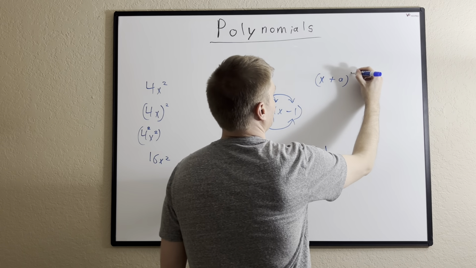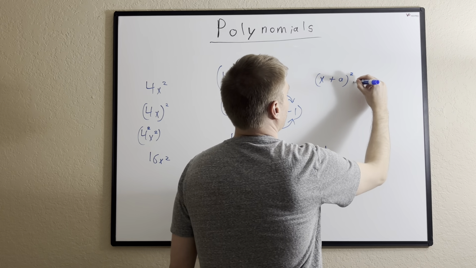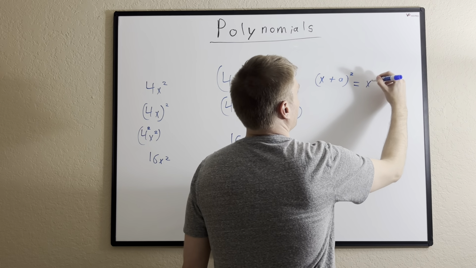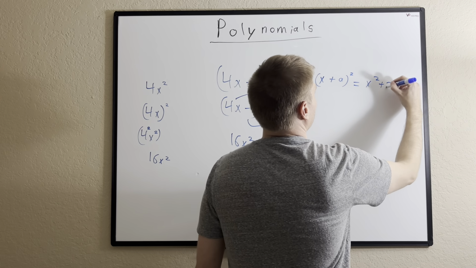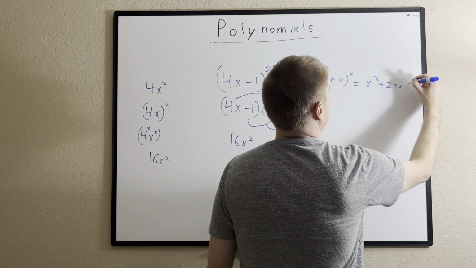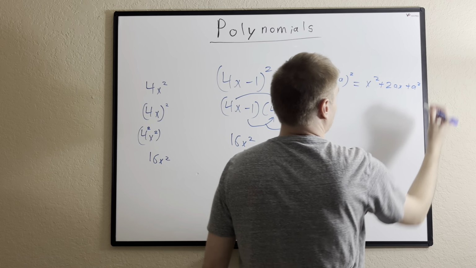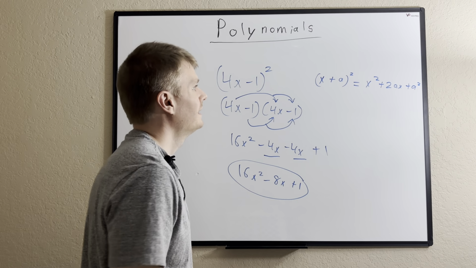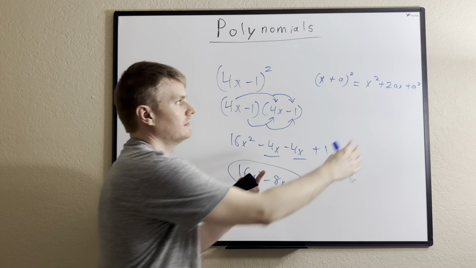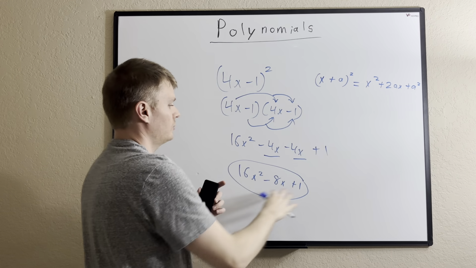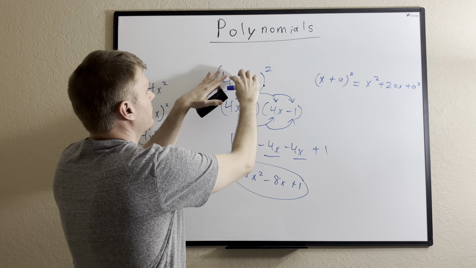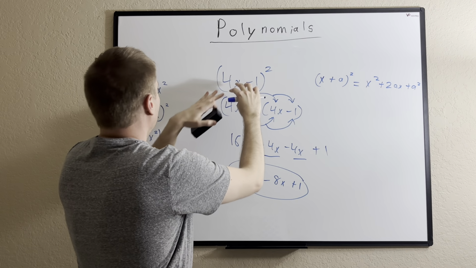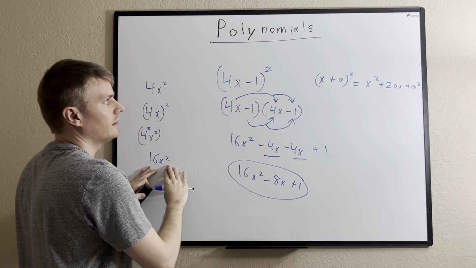They just say, well, if that is squared, then that's going to be x squared plus 2ax plus a squared. And you're like, what did you just say? That's just a formula they use to take a shortcut. They could just say, okay, this whole thing squared is 16x squared, right?